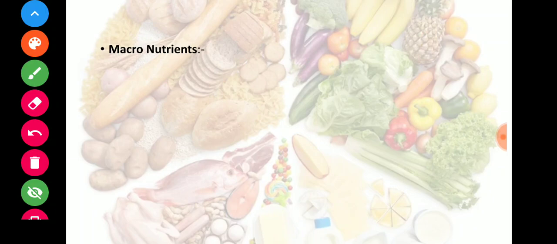Suppose we are taking oil, ghee, or any refined oil, that is an ingredient of fat. So we can have proteins, fats, and carbohydrates in our diet. These three main ingredients which we take in huge amounts, in grams, are called macronutrients.